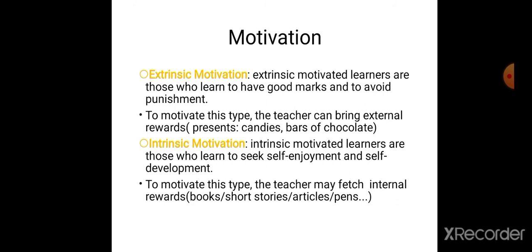How can we target each type? How can we know? There are two types of motivation. The first one is extrinsic motivation. Extrinsically motivated learners are those who learn to get good marks or good grades and to avoid punishment.